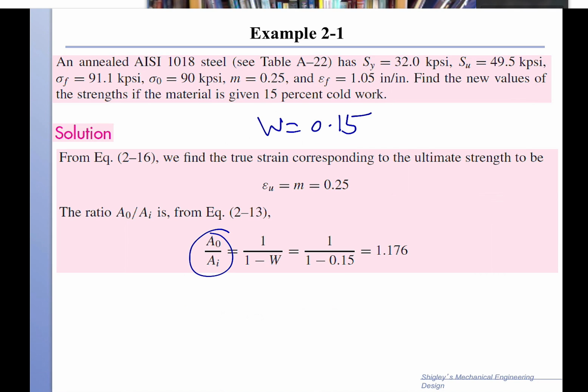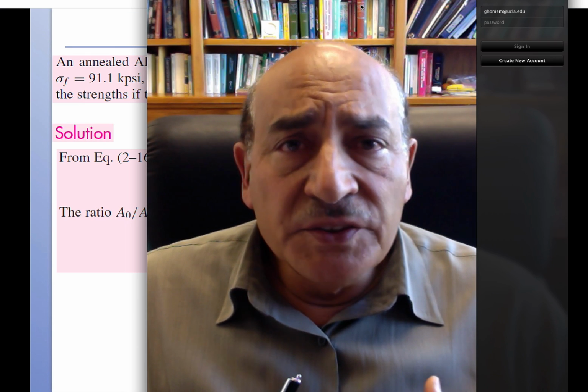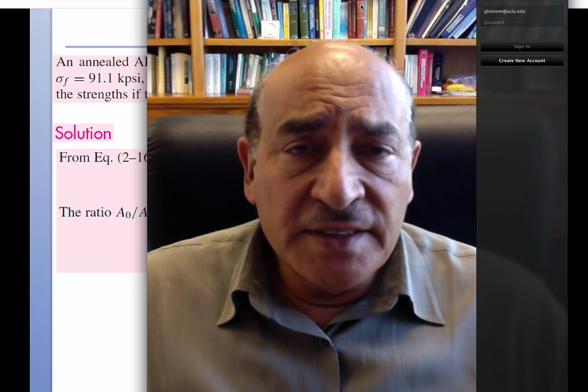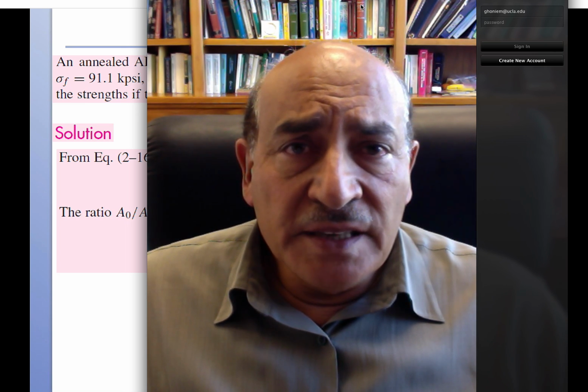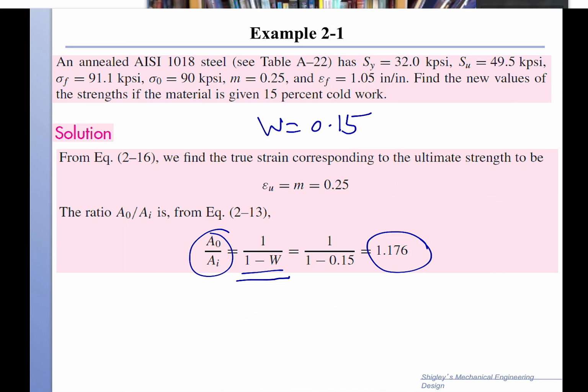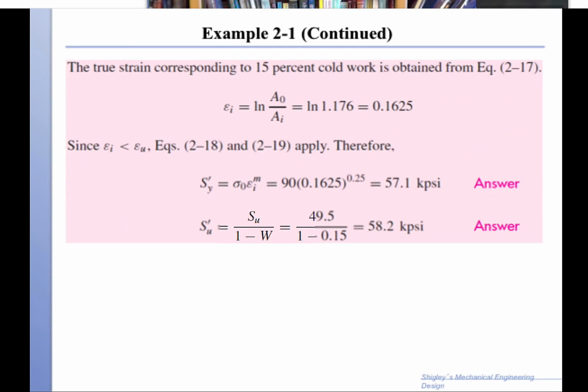So A0 over A sub I is 1 over 1 minus W. We find that the ratio of the original area to the new area after imposing the cold work condition is 1.176, meaning that I have a 17.6% reduction in the area. So having computed that factor, I can use the previous two formulas.